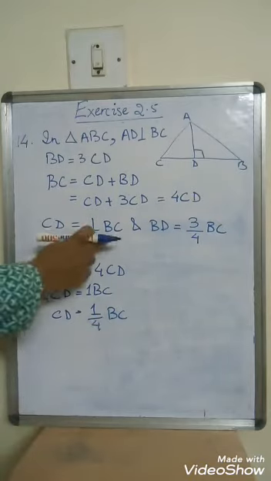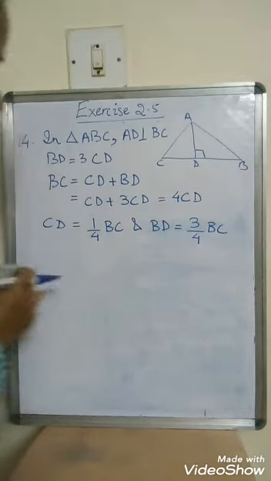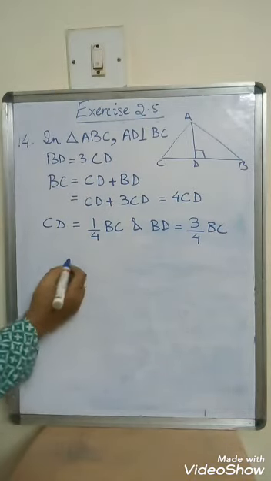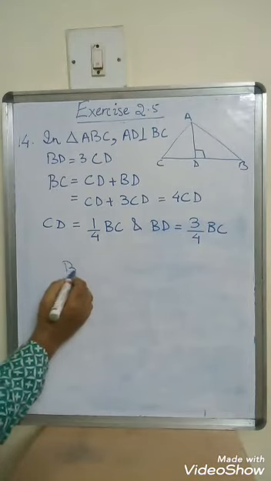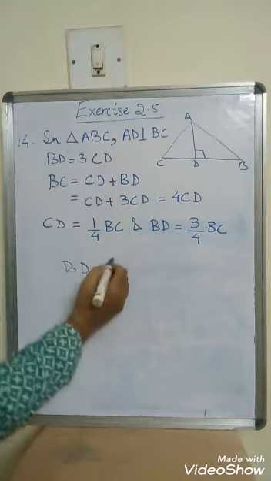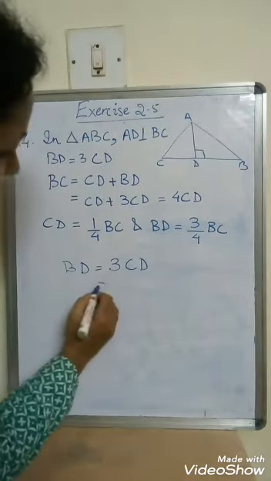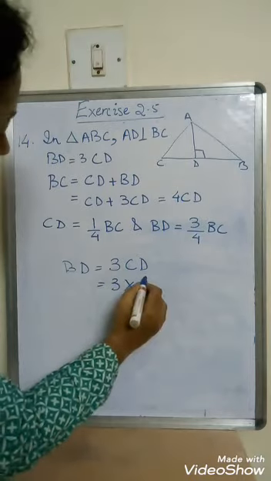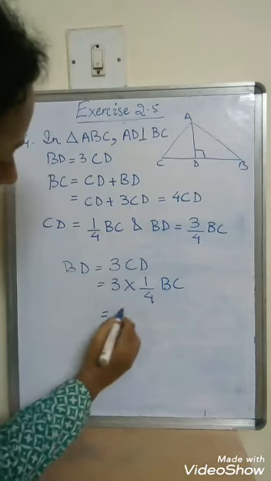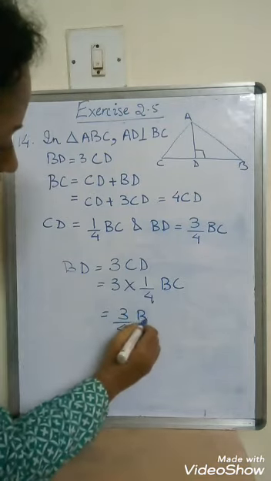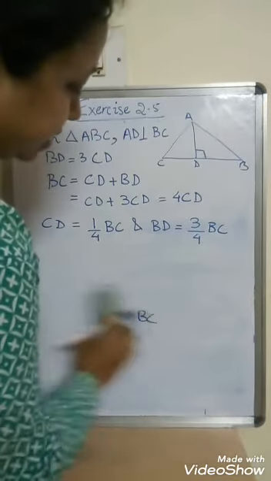This is how we have found CD. Next for BD, how did we find BD? BD given to us is 3CD, right? Now CD is 1/4 BC, so BD is 3 into 1/4 BC, right? So it comes to 3/4 BC. So this is how we have found CD and BD.